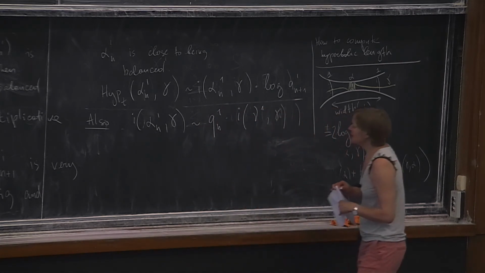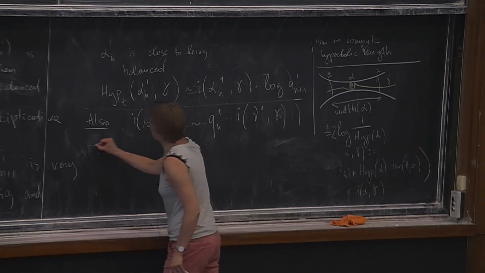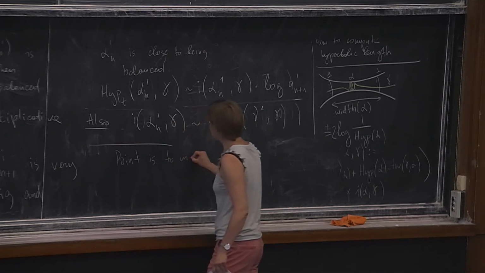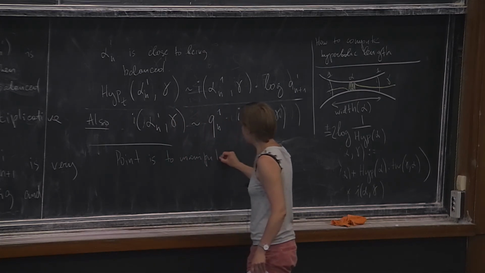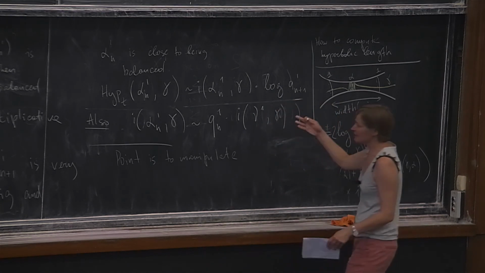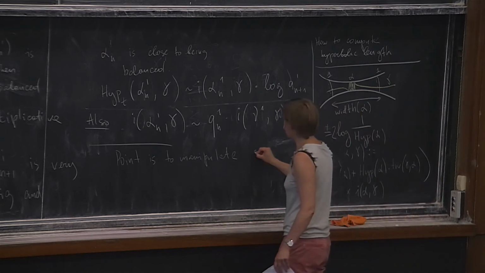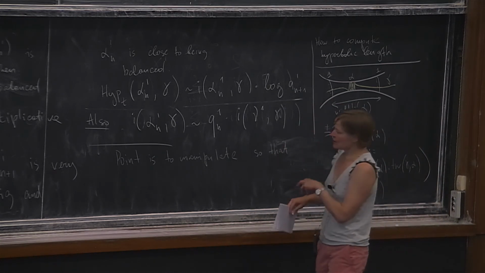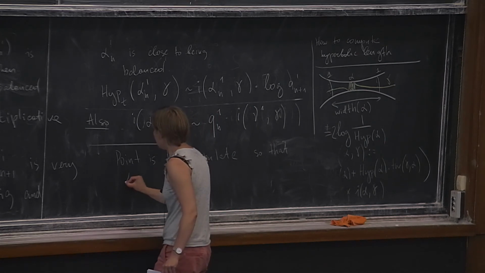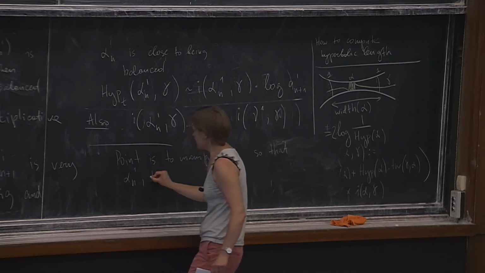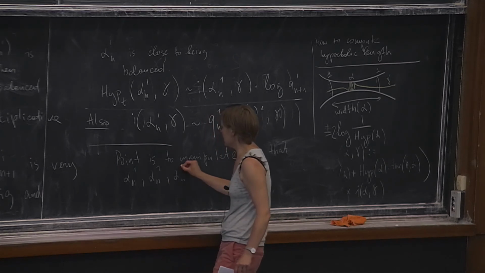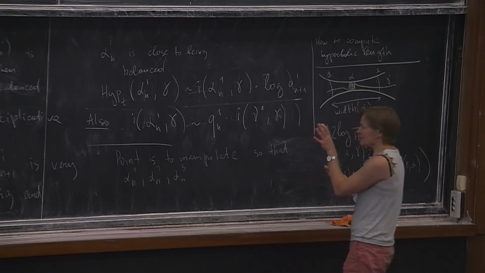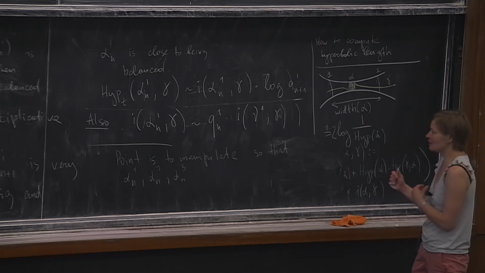So basically, the point is to manipulate the situation so that I have these 3 tori so that the curves alpha n1, alpha n2, and alpha n3 get short at the same time, get balanced at the same time, so they are at minimal length at the same time.